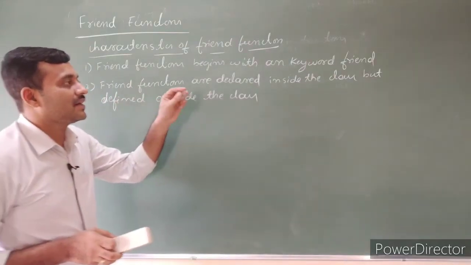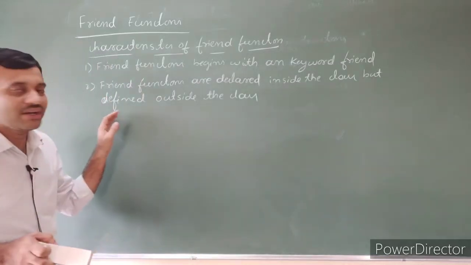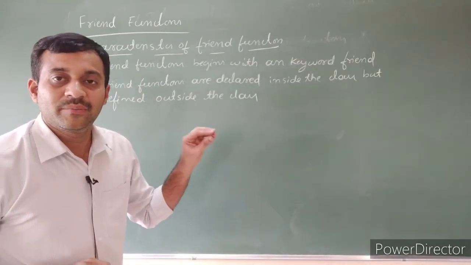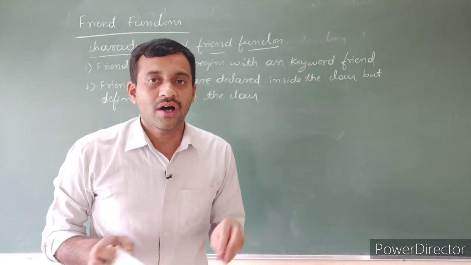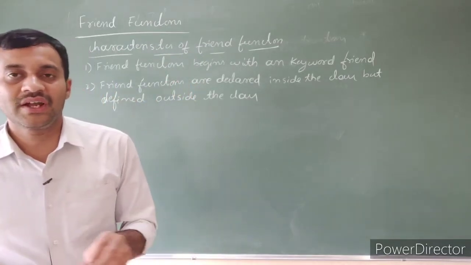Friend functions are declared inside the class but defined outside the class. Why? Because it is a non-member function of the class. So we have to define a friend function outside the class.